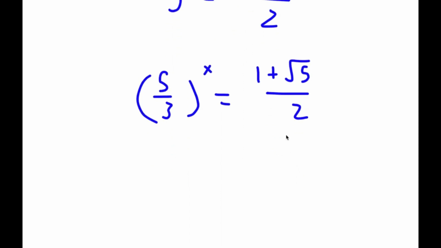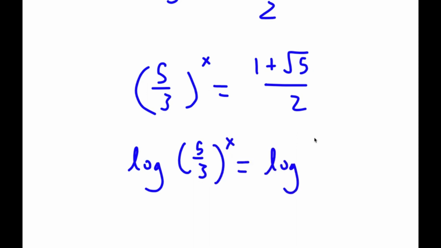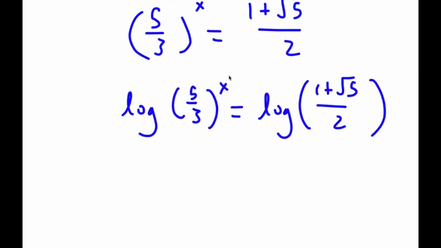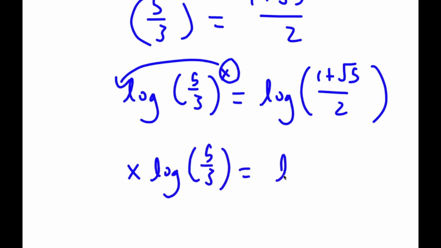So to solve this, I'm going to go ahead and take the log on both sides. Now I can move this exponent to the front, so now I have x times log 5 over 3 is equal to log 1 plus the square root of 5 over 2.